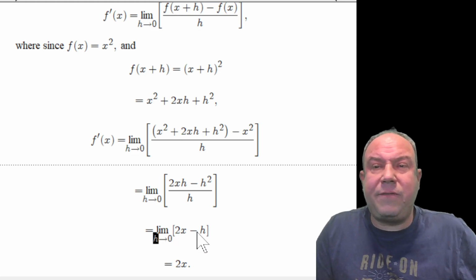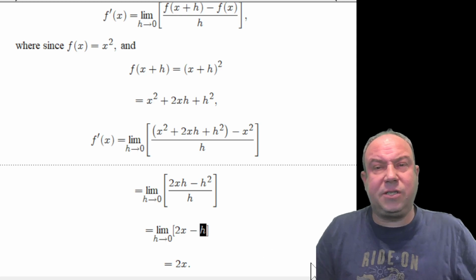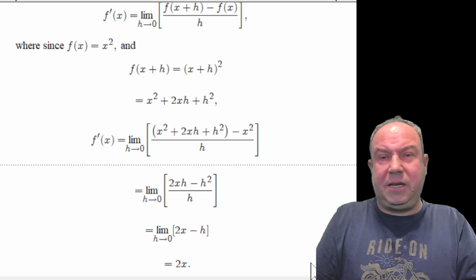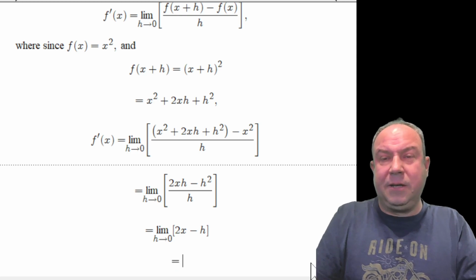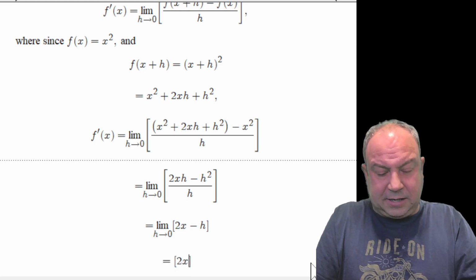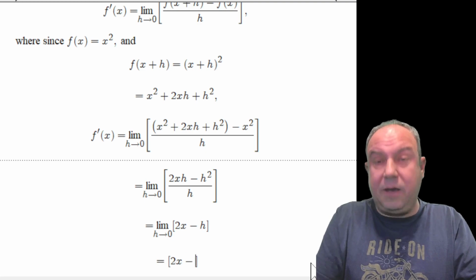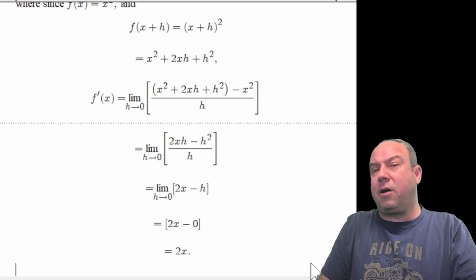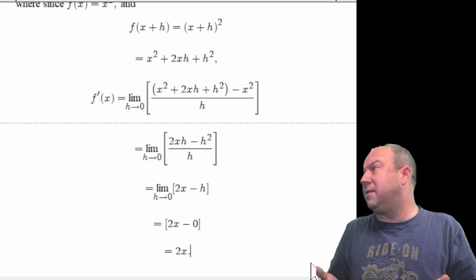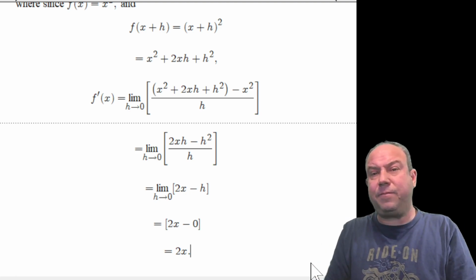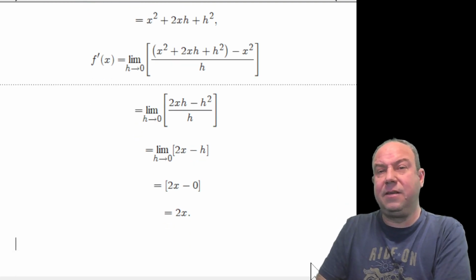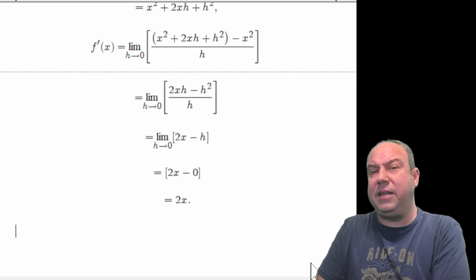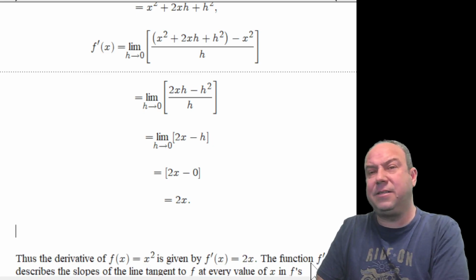So if we evaluate this using substitution, just substituting in for that value of h, which is 0, and maybe I should illustrate that step here, since this is kind of new to us, this is going to be 2x plus 0. This all ends up with the result of 2x in the end. Thus, the derivative of the square function is the linear function 2 times x.